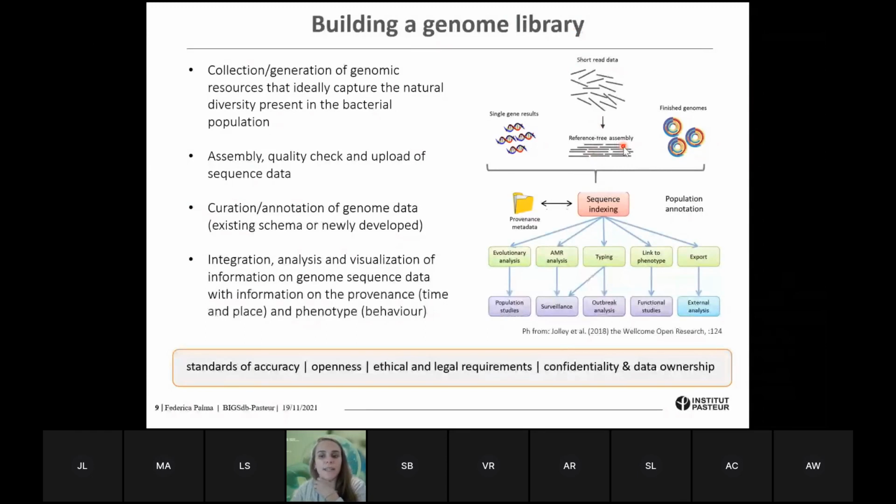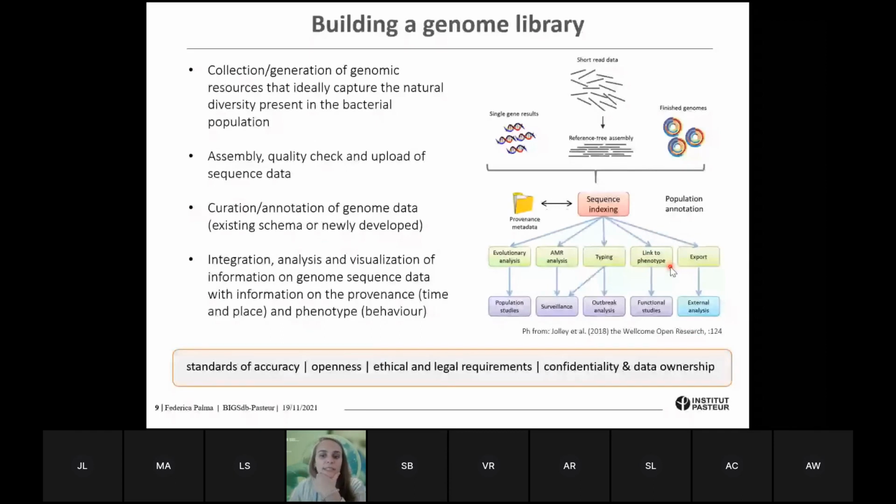Once they have been assembled, these sequences can also be annotated and curated, comparing with databases of genes. The genomic data, the provenance data, and phenotypic data must be integrated, stored and organized, but also interpreted and, why not, disseminated in a usable way.